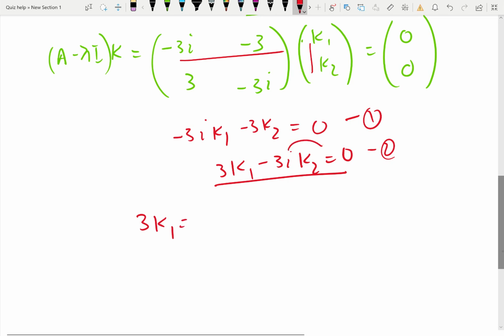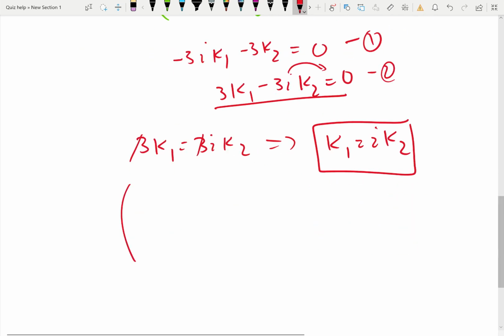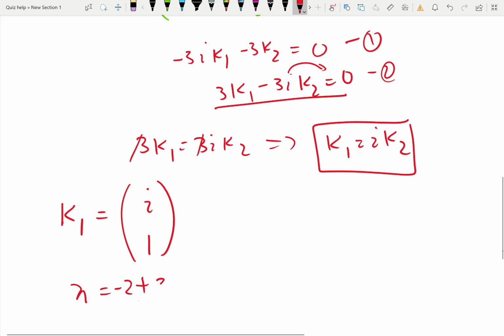If we take this term to the right hand side, we get 3i k2, the 3s cancel out, so what we get is k1 is equal to i k2. This is the relationship. So let's choose a simple number for k2, which will be 1, then k1 will be i. So this is the eigenvector, and the eigenvalue we are working with is -2 plus 3i.